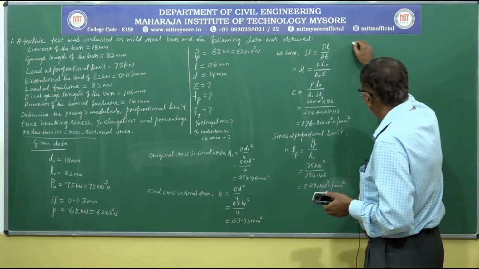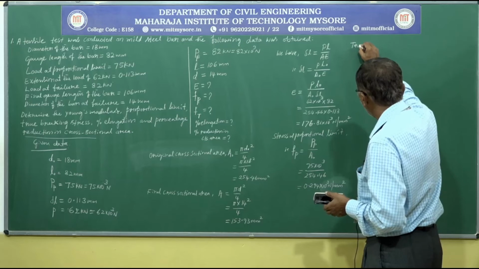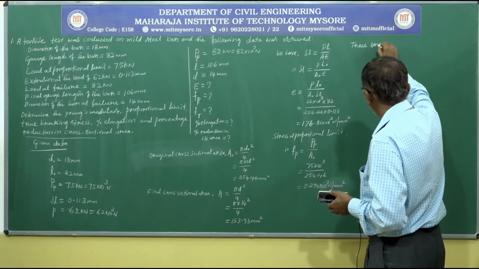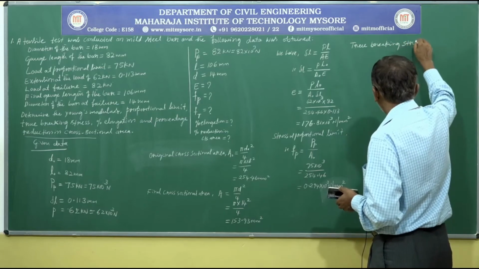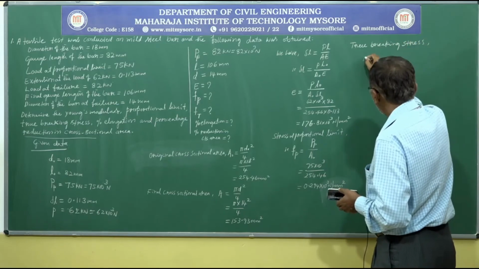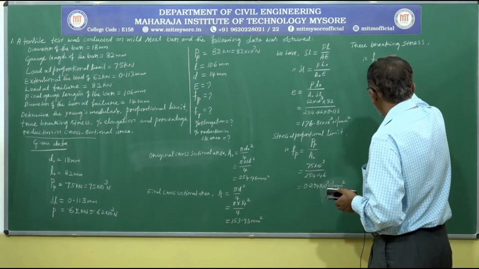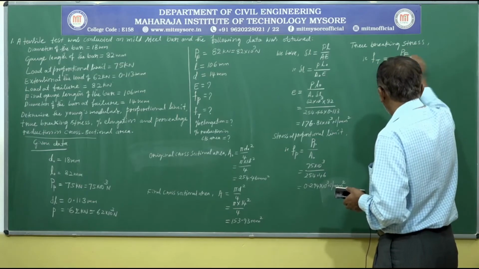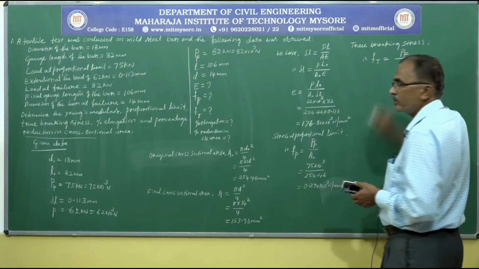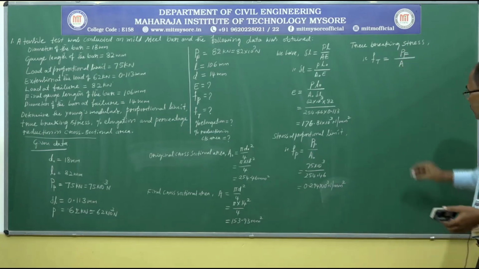Next, true breaking stress. That is Ft is equal to load at failure Pf divided by A, the final cross-sectional area.